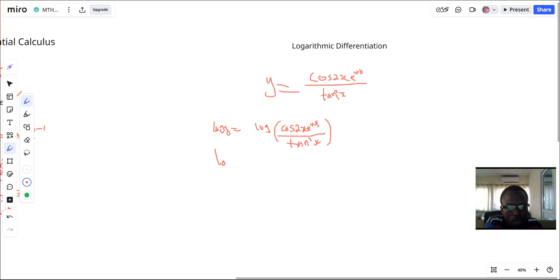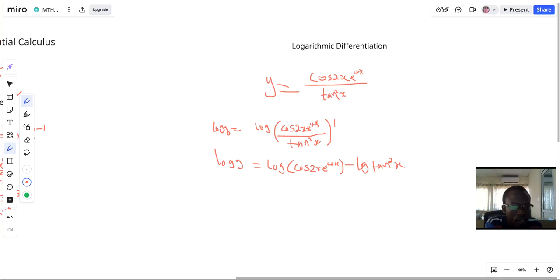Therefore log y is equal to log of cos 2x e power 4x minus log tan square x.